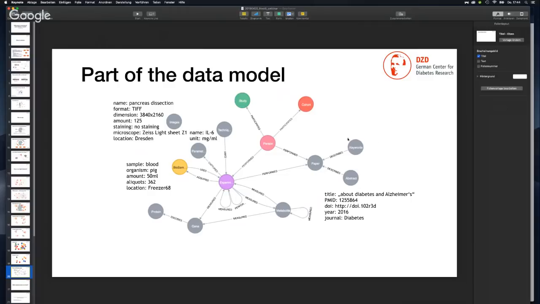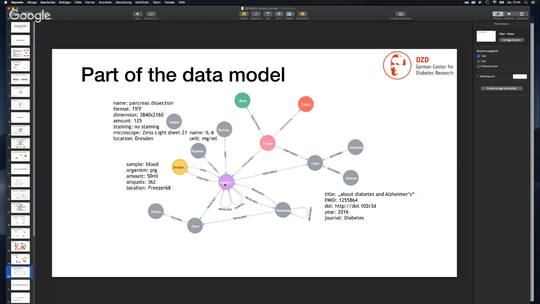For example, when we look on the right side, we have literature data where we have scientific publications. They have a title, they have an identifier in the database, they are published in a specific year, and they have different keywords and journals. And we connect this literature data to the people that are performing the analysis and writing papers. And these people, so our researchers, are doing experiments.